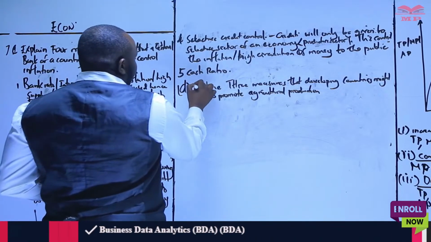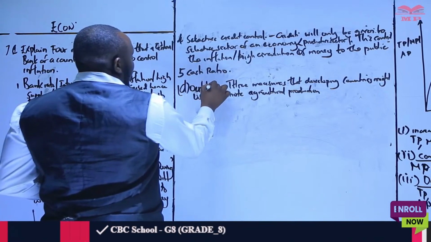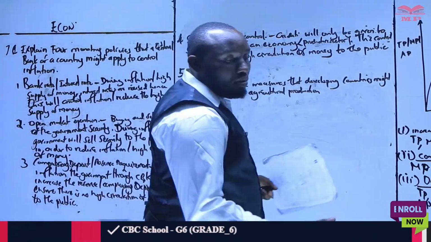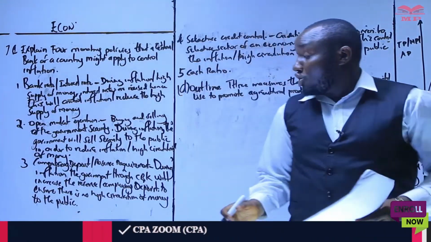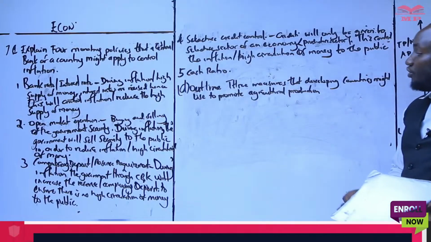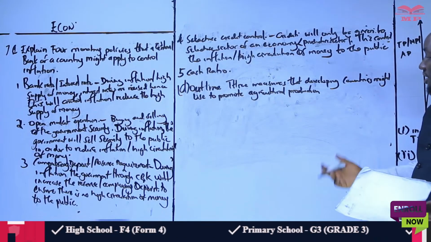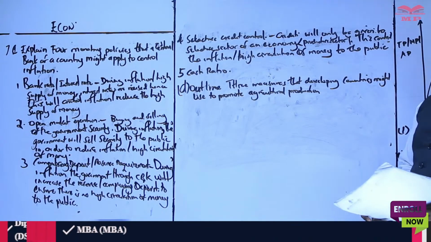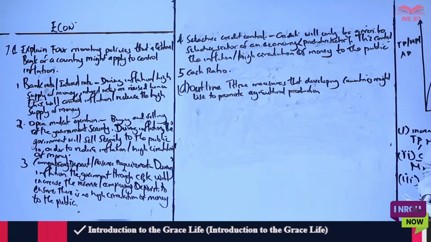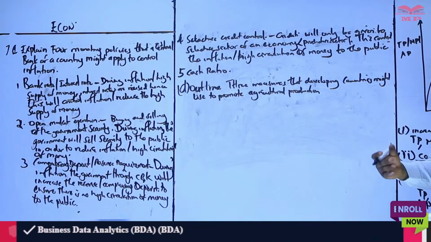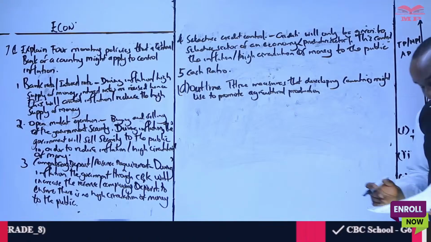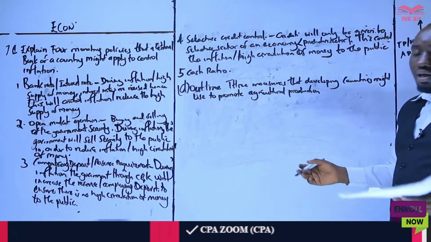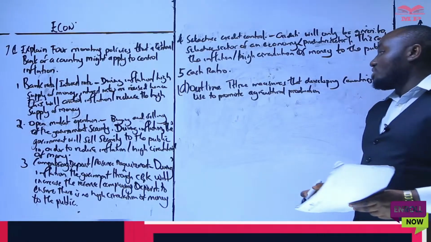When you talk about this particular question, again, it's more of a general question. When you talk about factors that promote or encourage agricultural production, we know that one of the major backbones of the economy in developing countries is agriculture. Still, the majority lies on agriculture, not much on industrialization.